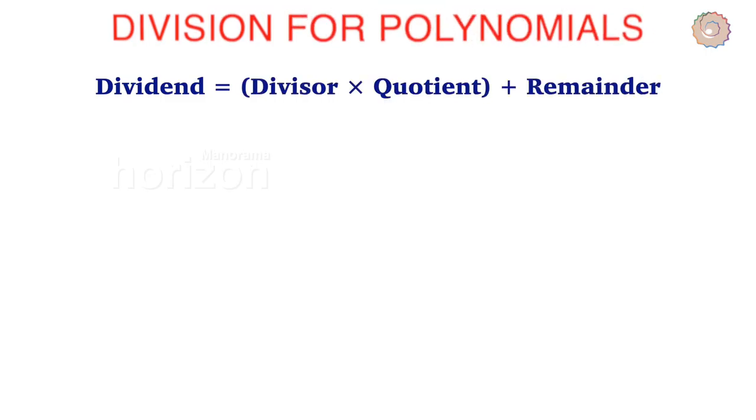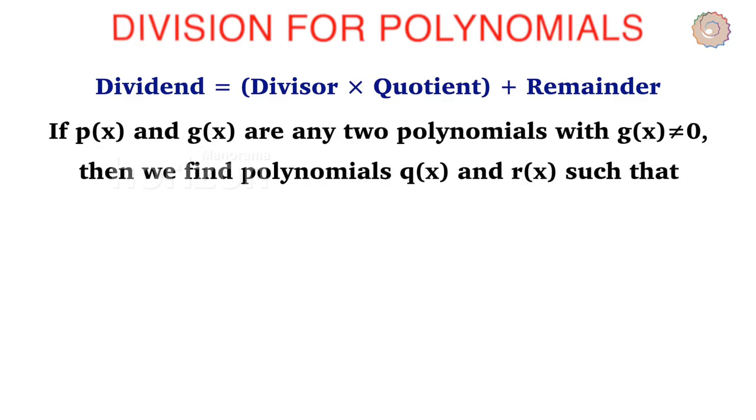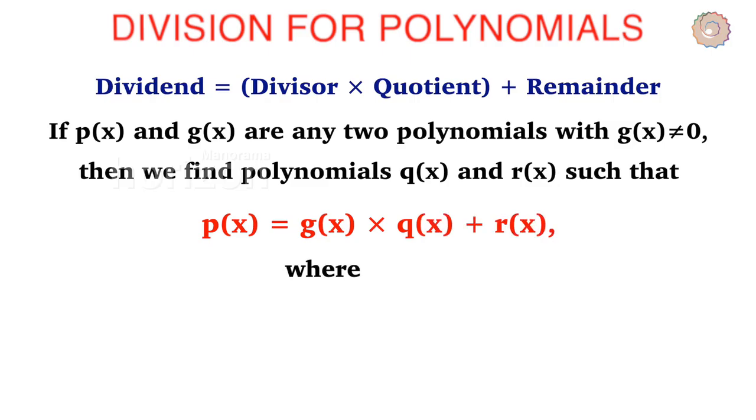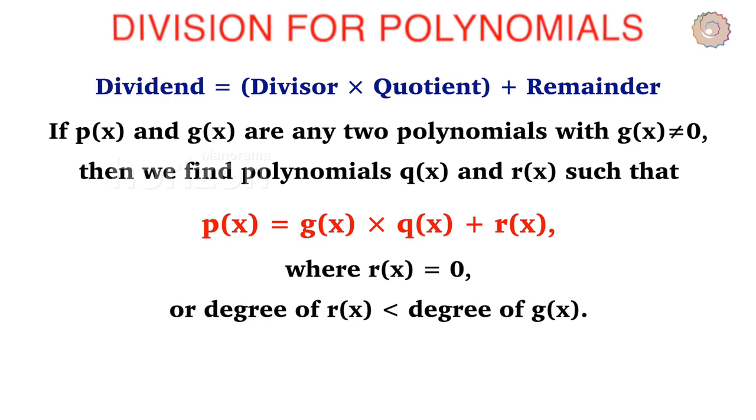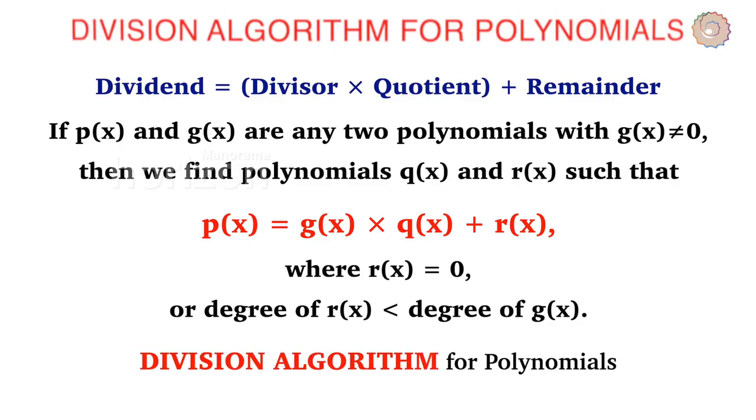So, we can generalize this statement in polynomials as: if p(x) and g(x) are any two polynomials with g(x) not equal to 0, then we can find polynomials q(x) and r(x) such that p(x) = g(x) q(x) + r(x), where r(x) = 0 or degree of r(x) is less than degree of g(x). This is known as the division algorithm for polynomials.